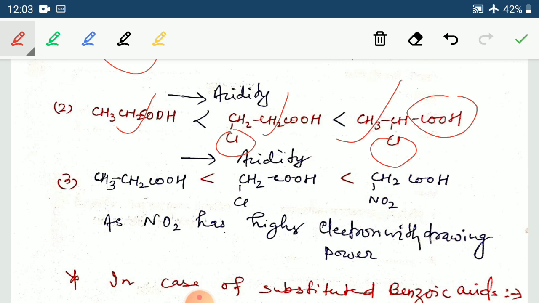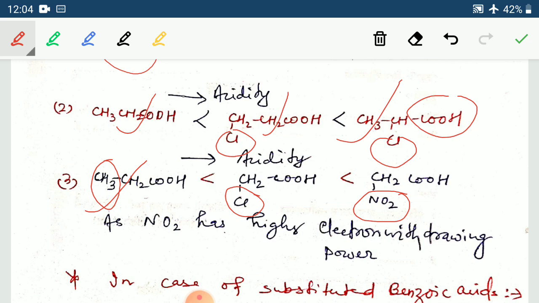Now what is the effect of different I groups? See, this is an electron donating group, this is an electron withdrawing group, and this is an electron withdrawing group. So two are electron withdrawing groups and one is an electron donating group. No doubt this will have lesser acidity. Now there is a comparison between Cl and NO2.